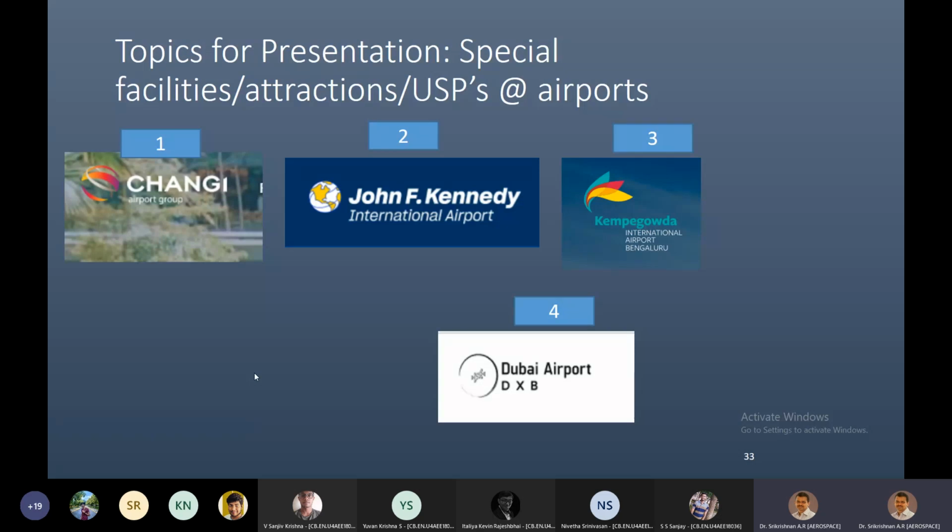And then Dubai airport, which has several unique aspects in its design, facilities and operations. So team one on Changi airport, two the specifics of John F. Kennedy airport, three Kempegowda airport, and team four can talk on Dubai airport. Whatever you find attractive or unique about these airports, you can present and discuss.